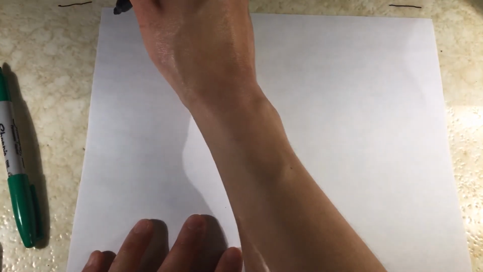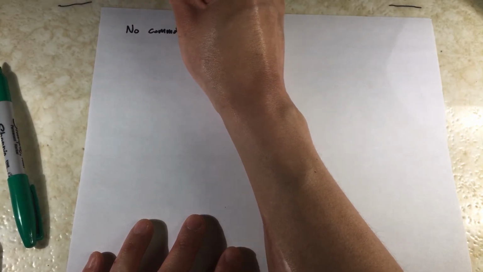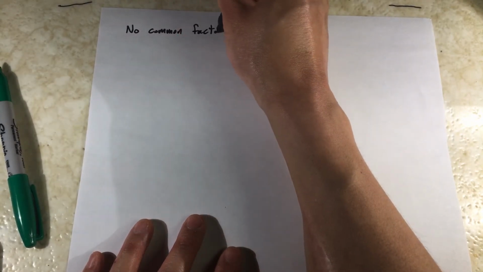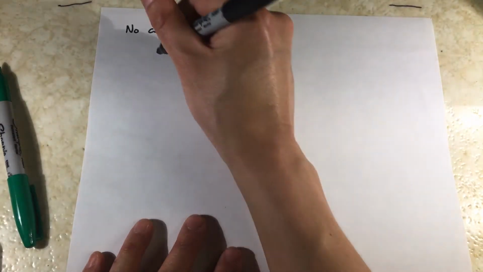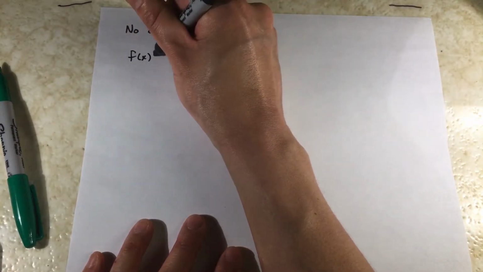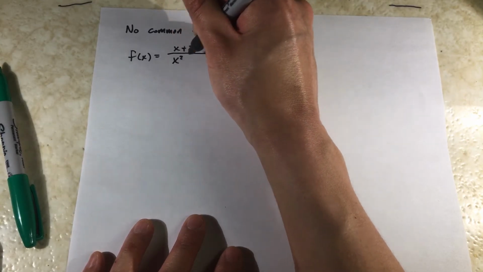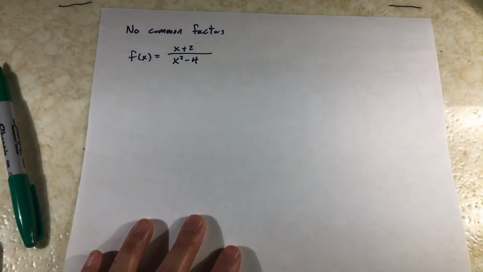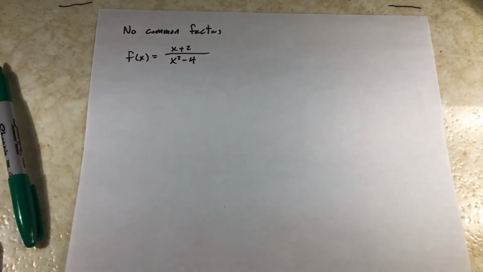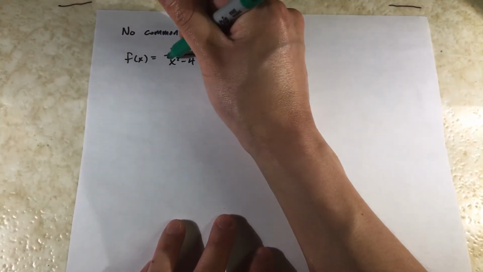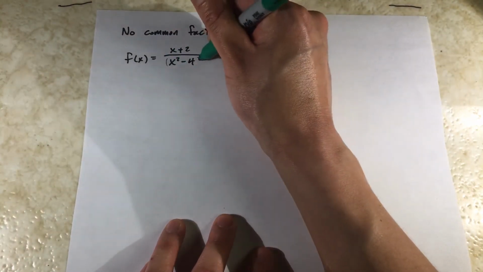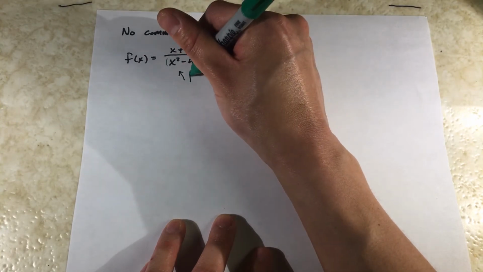So that's the main idea. There's one thing to keep a lookout for: part of that definition was that there were no common factors. So what does that mean? Let's say that we have something like this: f of x equals x plus 2 over x squared minus 4. I don't know if you recognize this pattern or not, but x squared minus 4 is what's called the difference of two squares.